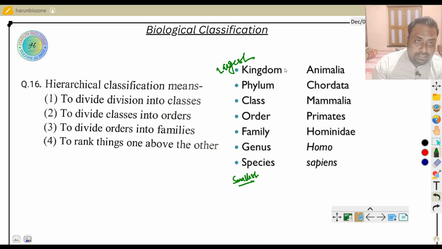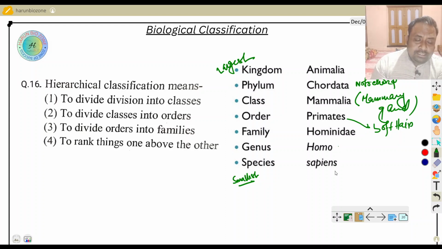Then phylum Chordata, where notochord is present. Mammalia, where mammary glands are present. And Primates, where soft hair is present. Then Homo and sapiens. So this is the order of classification, and this is called taxonomical hierarchy.